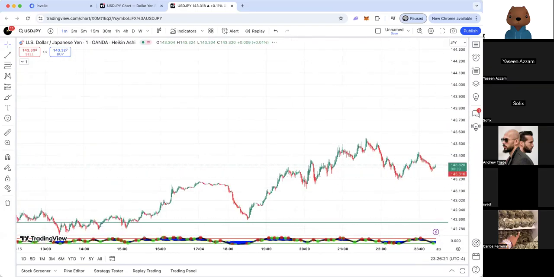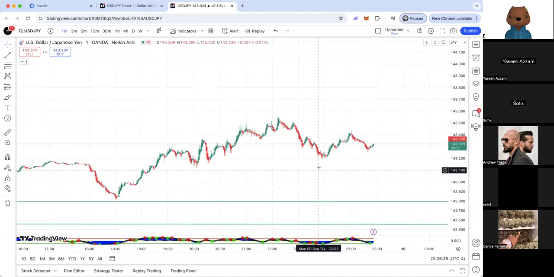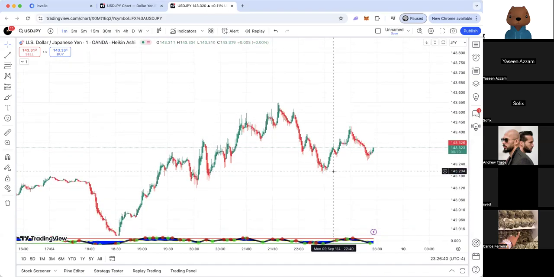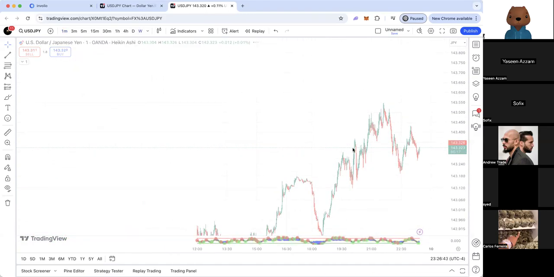Pay attention to the time in this black box down here: 25, 24, 23, 22. You see, it's per minute. I don't recommend looking at the 1 minute, so let's go back to the weekly.